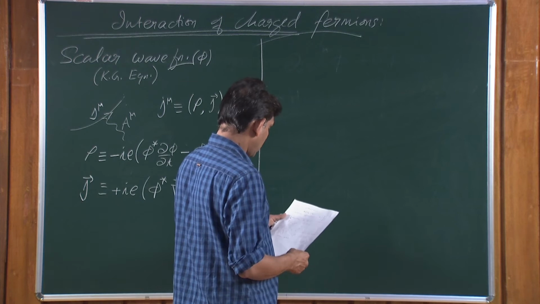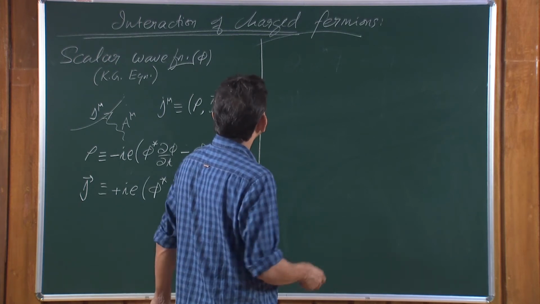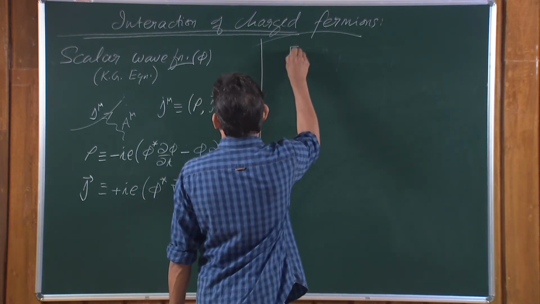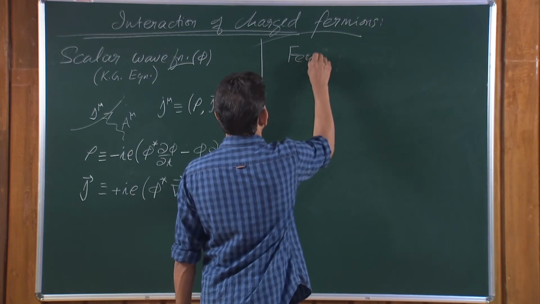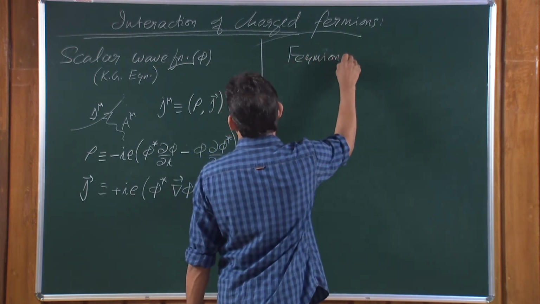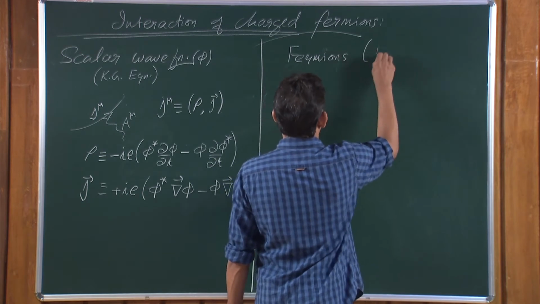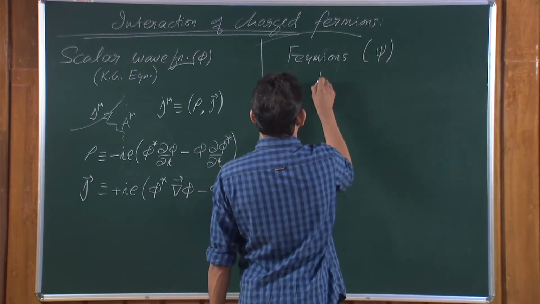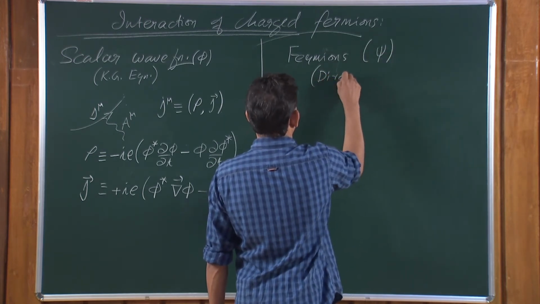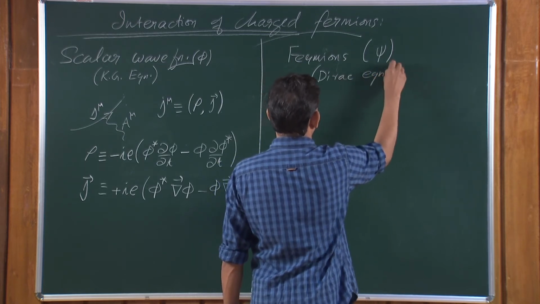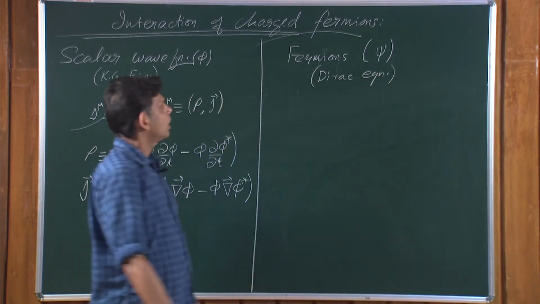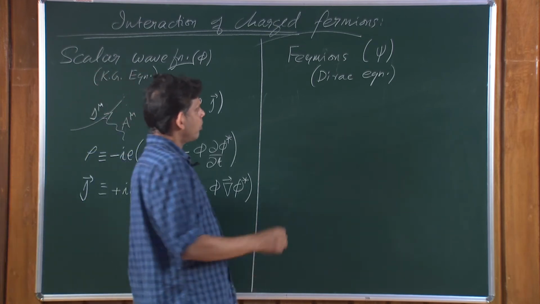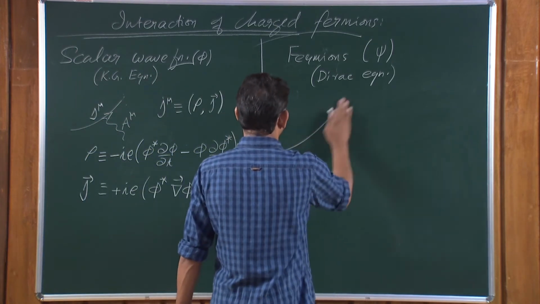Now, what about the fermionic fields? So, fermions represented by psi obey the Dirac equation. Again, the picture is the same.